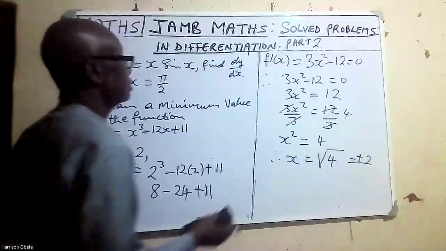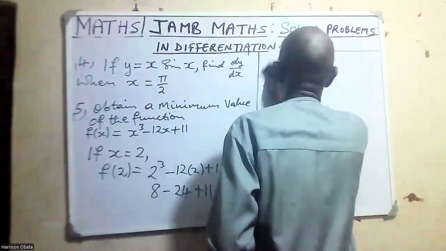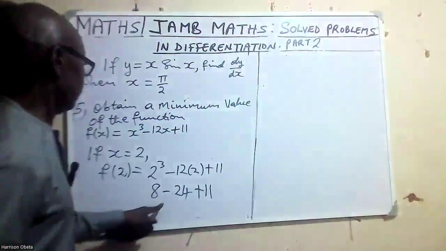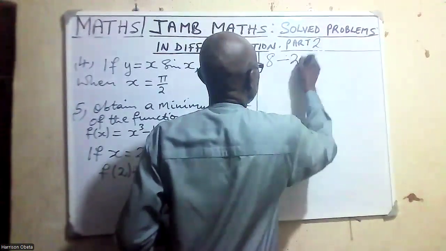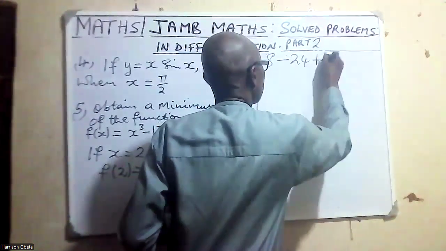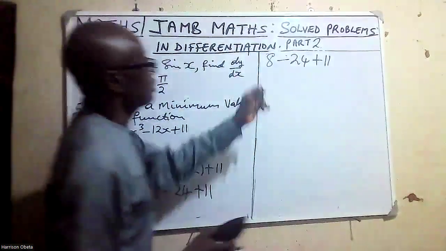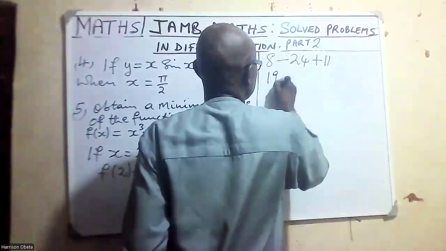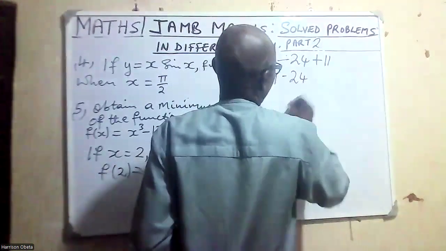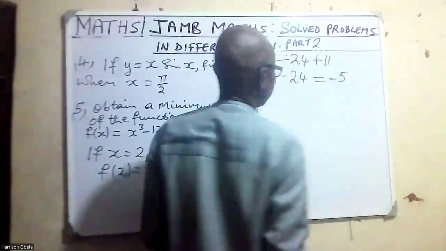Okay. And moving on, we have 8 minus 24 plus 11. For like terms, that means 8 plus 11 is 19. And that is 19 minus 24, which is minus 5.